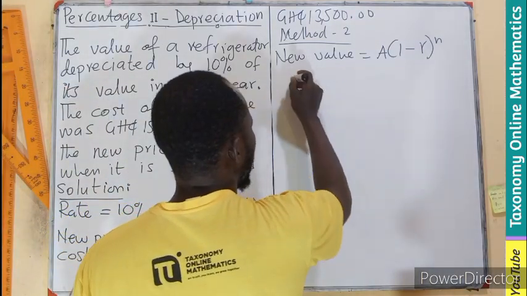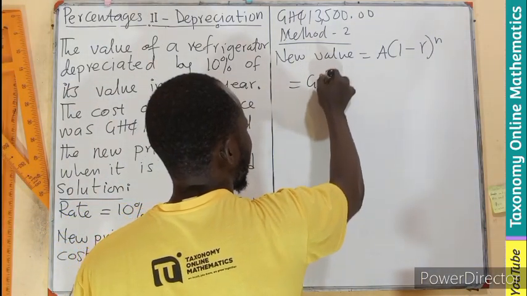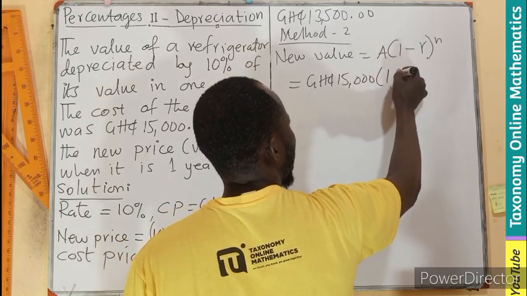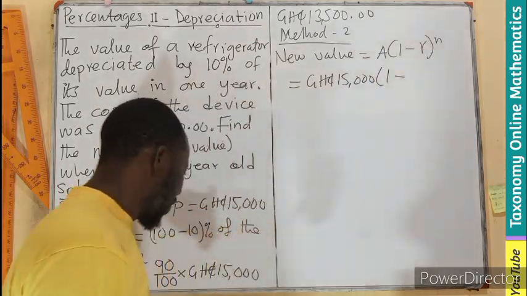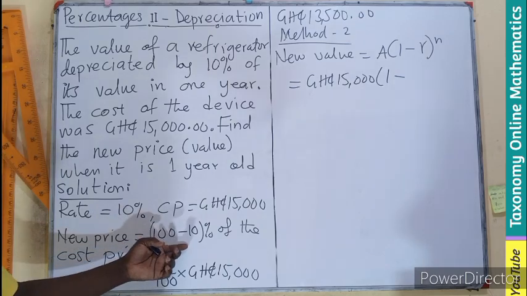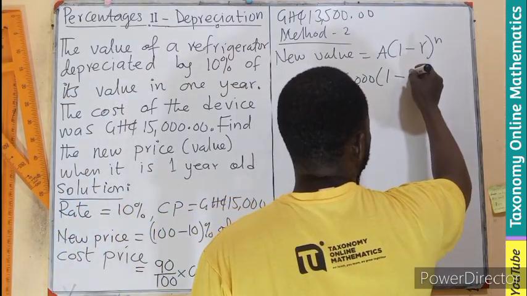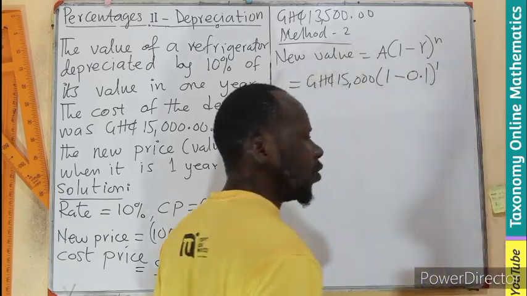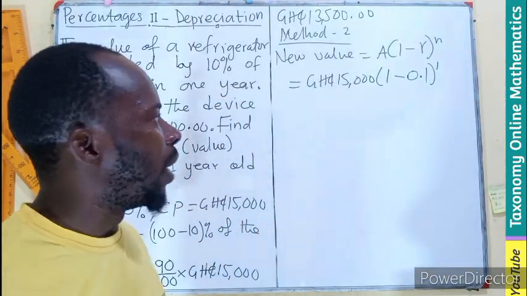So that means we are going to have 15,000 into bracket 1 minus the percentage. Remember, it is 10%, which will be 10 divided by 100, 0.1, and the number of times we are doing that calculation. That is 1 year alone.